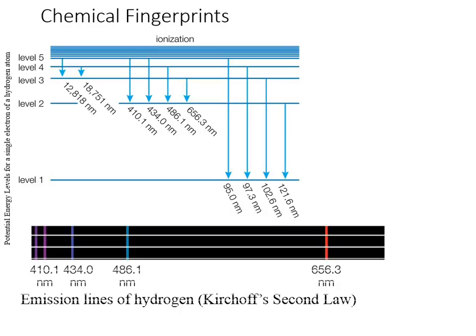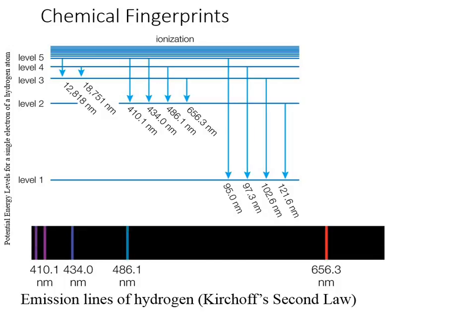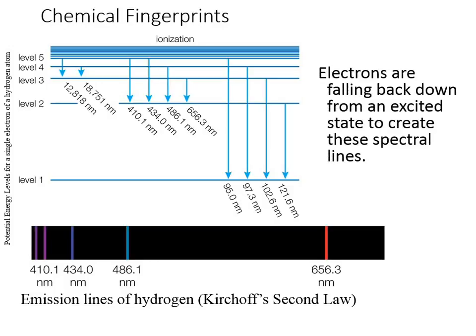Okay, again with the hydrogen. All right. So here is actually an emission line, a bright line spectra emission line for hydrogen. I think this textbook doesn't emphasize Kirchhoff's 3 laws, but Kirchhoff's first law is continuous spectrum.